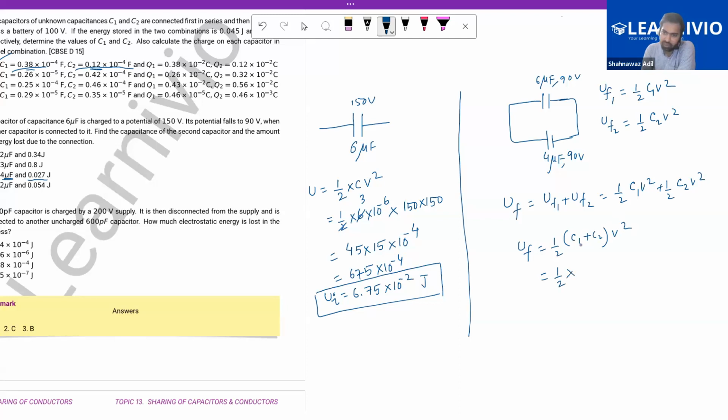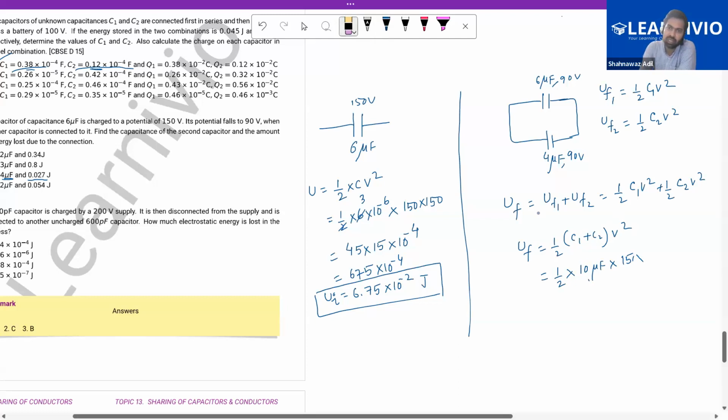This is half. This is 6 plus 4, that is 10 microfarad into, not 15, but 90 into 2. Right, so how much is this thing? This is 5.